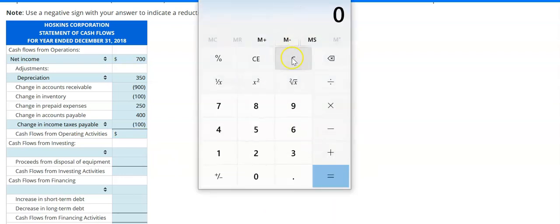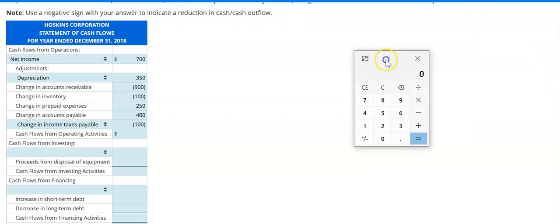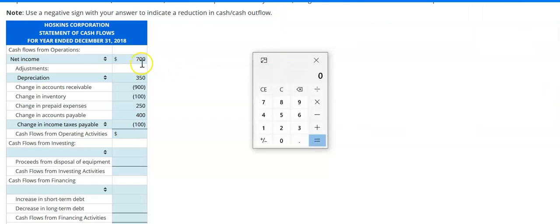So let's see here. I've got something on my calculator right now, so let's get that back over here. We're going to calculate cash flows from operating activities, and we're going to start with net income. We're going to add back depreciation. We're going to subtract out the increase to accounts receivable, we're going to subtract out the increase to inventory, we're going to add back the decrease to prepaid assets.